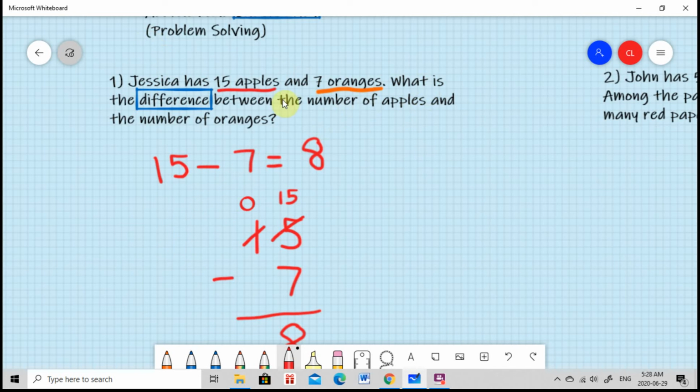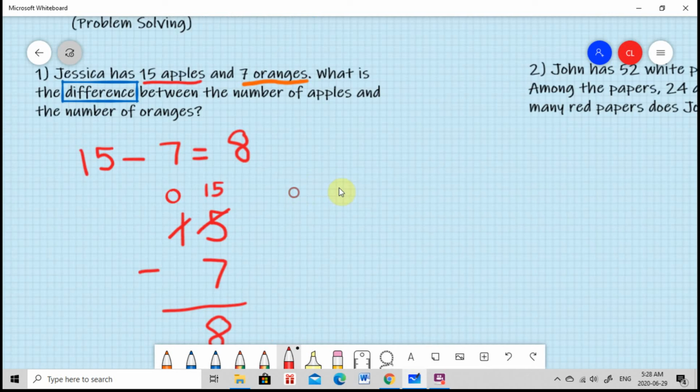What is the difference between the number of apples and the number of oranges? The difference between them is 8, right? We have 8 more apples than oranges, right? Okay, let's move on to the next question.